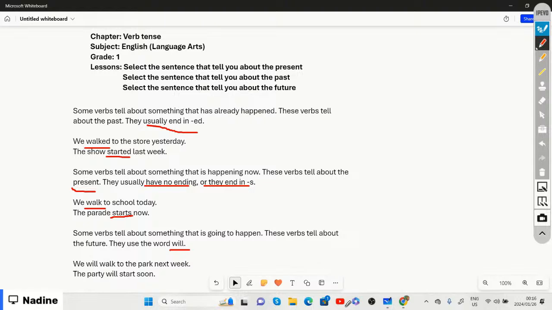It did not happen yet. It's not happening now. It will happen in the future. The future can be tomorrow, next week, next month, or next year. It tells you about something that is going to happen. So we then use the word will.